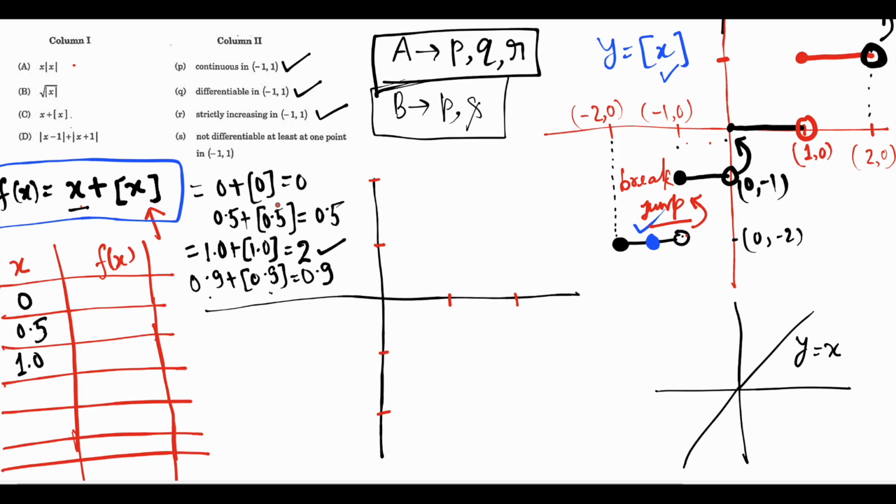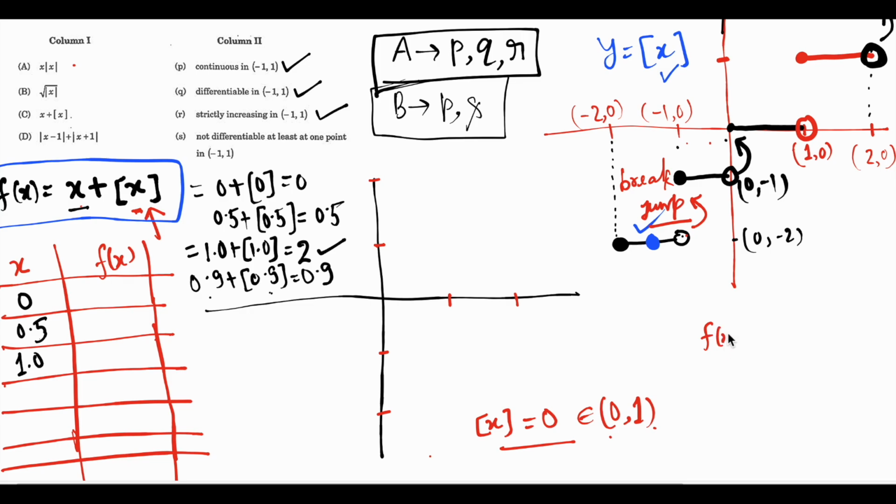And so our function f of x will be equal to x only between 0 and 1. So between 0 and 1 our function is reduced to being x, f of x equal to x. Greatest integer function is providing only 0 value.